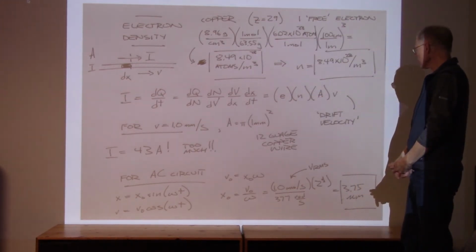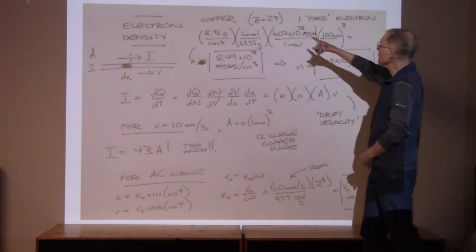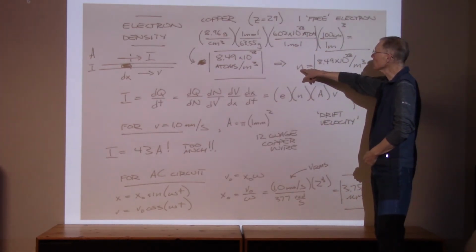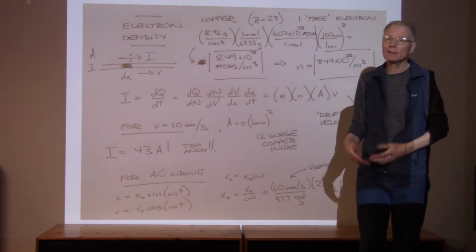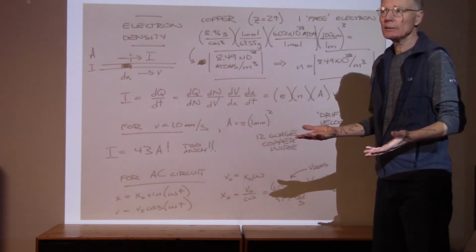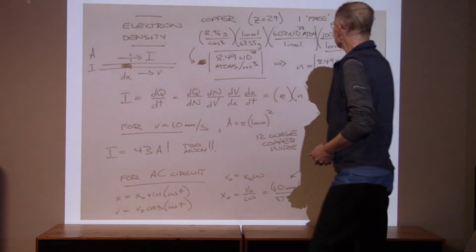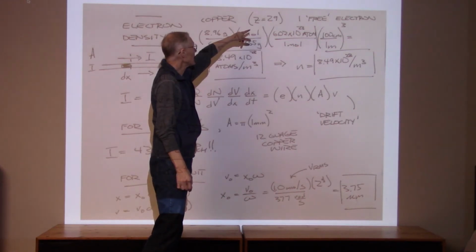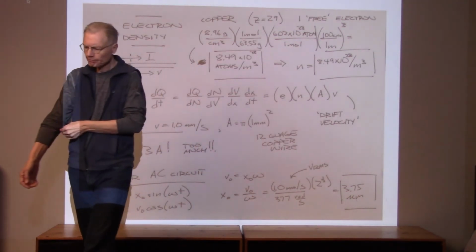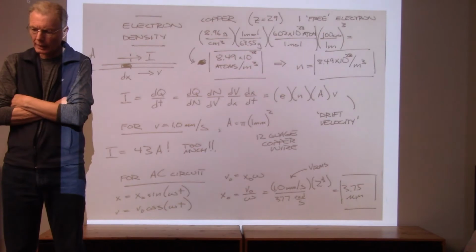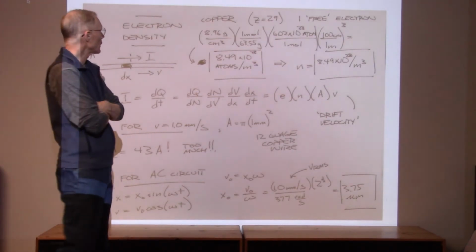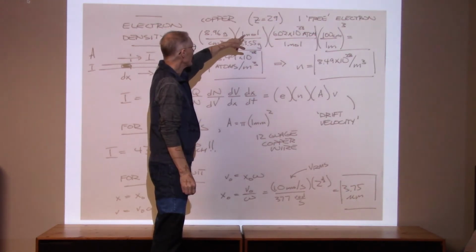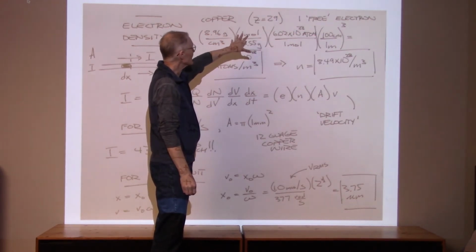Now, to carry out this calculation, what I did up here at the top is I determined how many electrons are available in copper wiring. In a block of copper, how many electrons are there per volume? Copper, it turns out, is element 29, and so each atom of copper has 29 electrons attached to it in some sense.